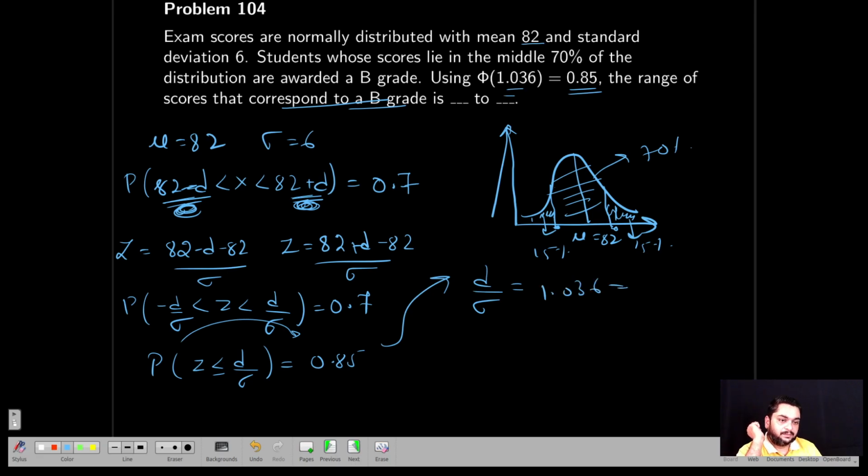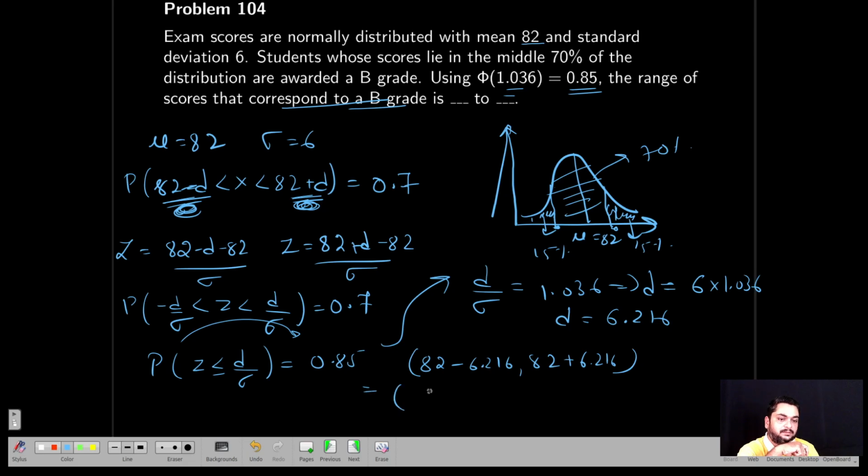That is 1.036. That implies D is equal to 1.036 into sigma. What is sigma? 6. 6 into 1.036, so D is equal to 6.216. So this is the range: 82 minus 6.216, comma, 82 plus 6.216.